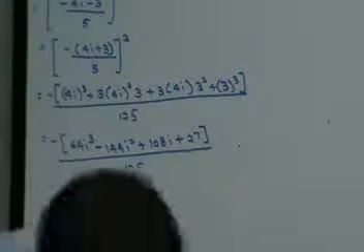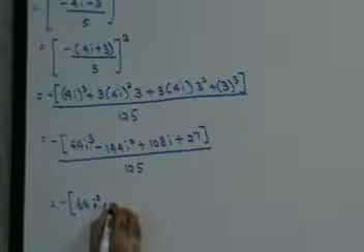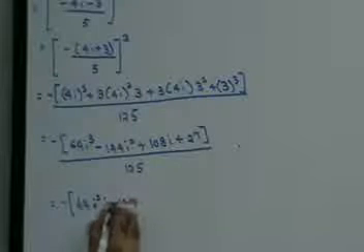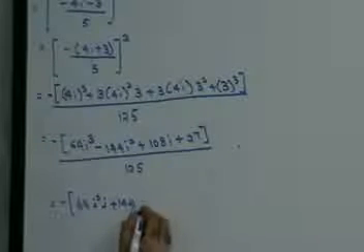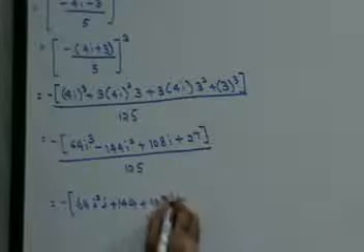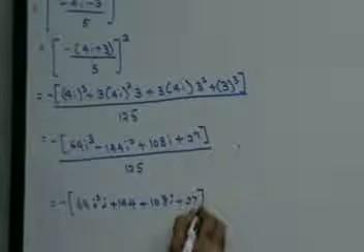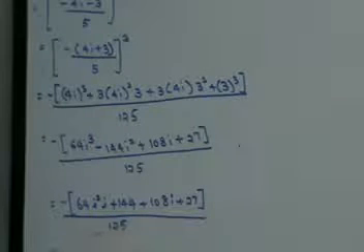i cube can be written as i square into i, minus 144 i square. i square is minus 1. So minus 144 into minus 1 will give you plus 144 plus 108i plus 27 upon 125.